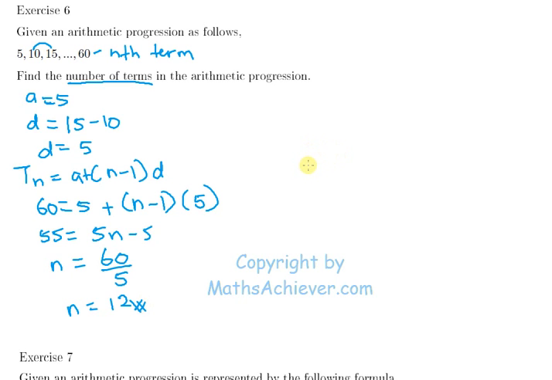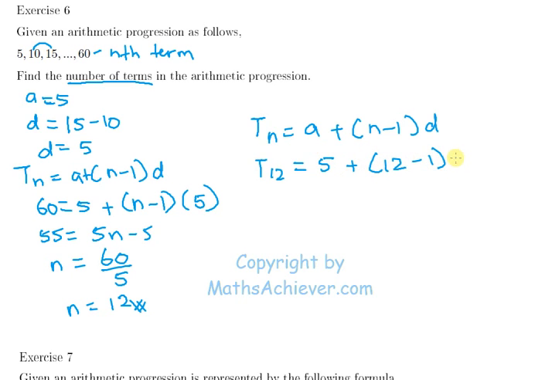Now we can verify this answer by using the same formula again. Tn equals A plus (n minus 1) D. We are looking at the 12th term, so it's actually T12 equals A is 5 plus (12 minus 1), D is again 5.